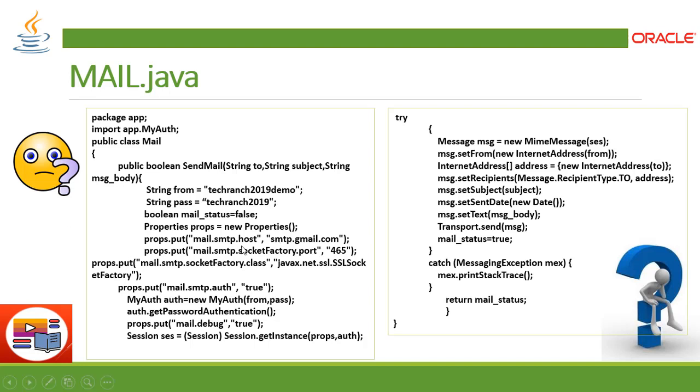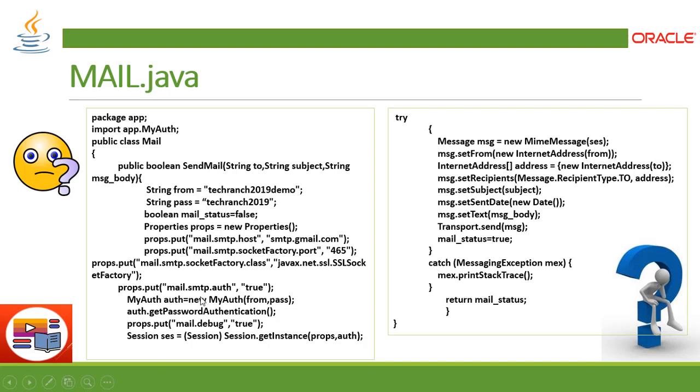Now once these two things, host and port, are done, we put mail.smtp.socketFactory.class in the properties. This particular class helps to maintain the SSL socket connection, a highly secured protocol used for socket communication. Then mail.smtp.auth is true.